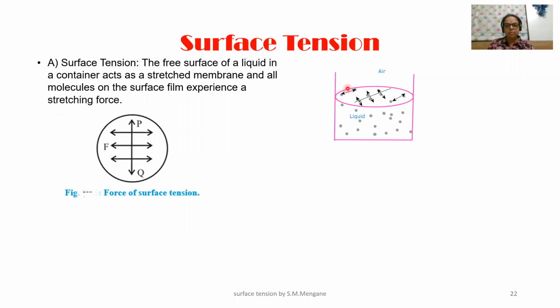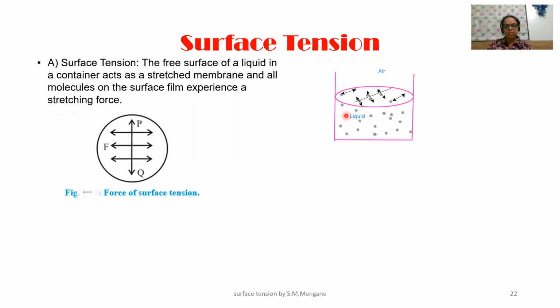If all these molecules are trying to come to each other, what will happen? The answer is the size of the surface will decrease, so the area of the surface will decrease. This tendency to reduce itself is known as surface tension.